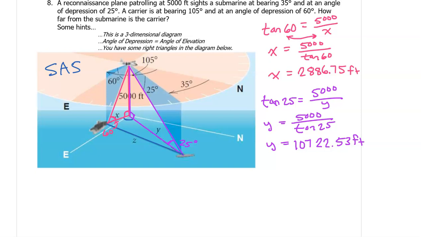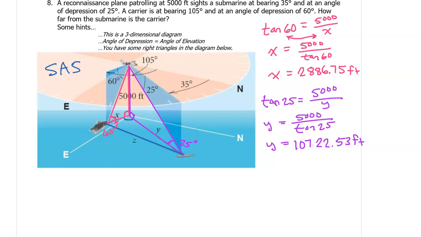Be careful because this triangle down here at the bottom is not a right triangle. We know this because they told us that the bearing of the submarine was 35 degrees. In other words, if you measure from due north, the submarine is 35 degrees away from that. On the other hand, the carrier has a bearing of 105 degrees.